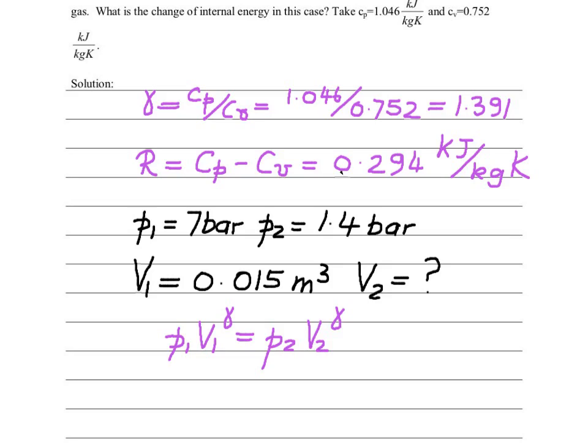So let's recast our equation as follows: V2 over 0.015 to the power of 1.391 is equal to 7 over 1.4.